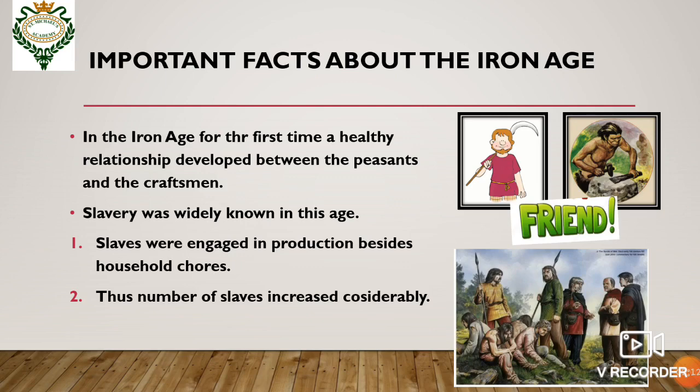Craftsmen made tools which farmers used to produce crops, thereby earning their livelihood. On the other hand, craftsmen could sell their goods, that is, different agricultural equipments, to the farmers and earn their livelihood. So they were related to each other. They needed each other for their livelihood. And that's why they became friends.